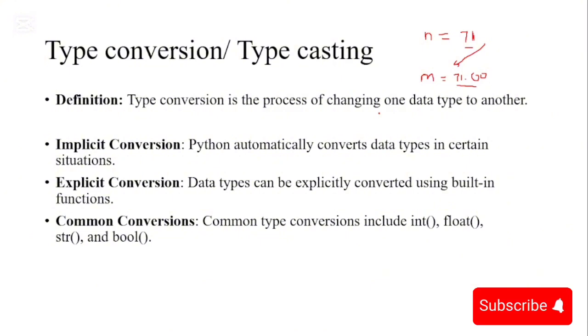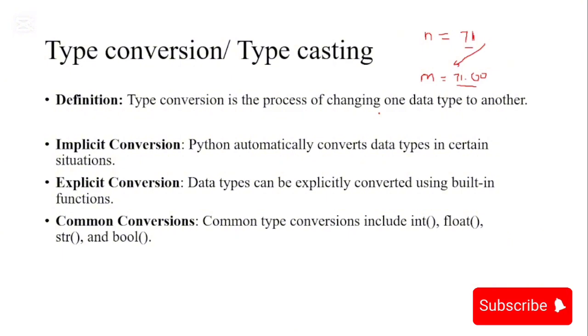That is, we don't convert them on our own; Python converts them automatically. And then explicit conversion is where we convert the data types on our own. We use the inbuilt functions to convert these data types.